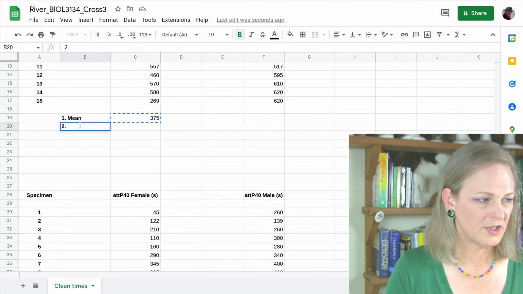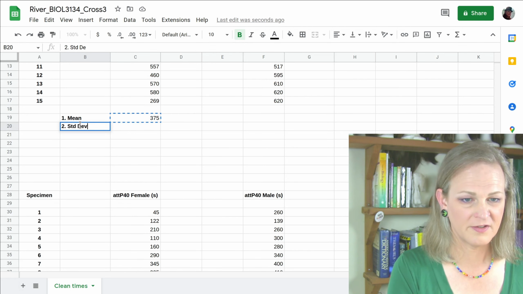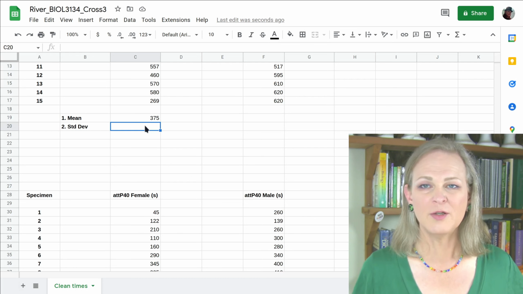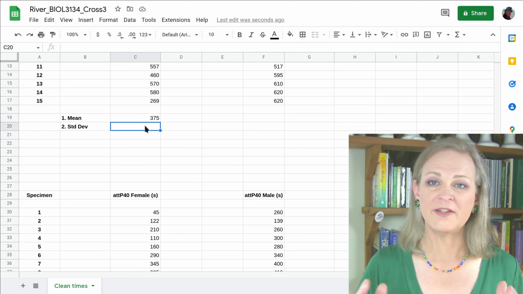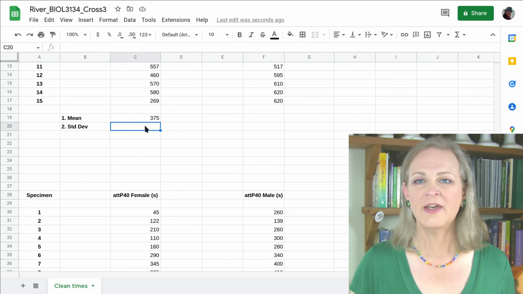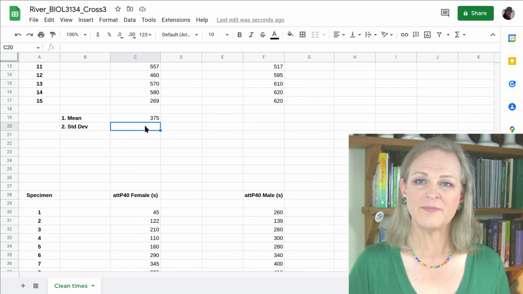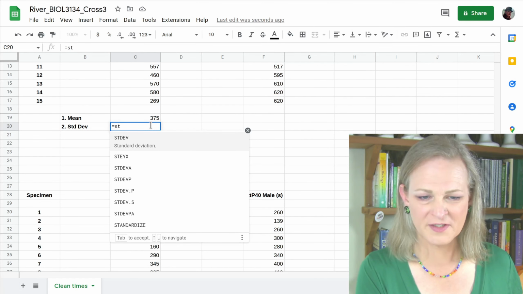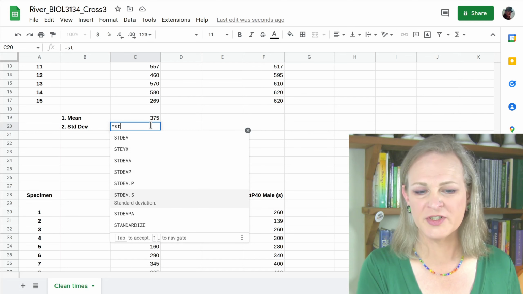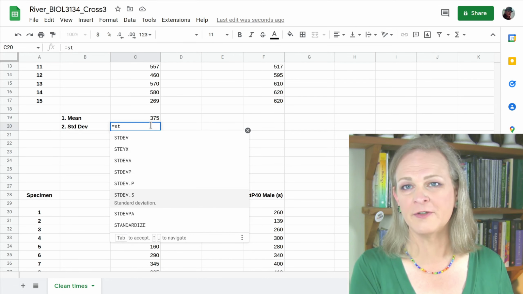Step 2, we'll calculate the standard deviation. Not that we need the standard deviation elsewhere in this calculation, but it's nice to see. It gives us some idea of what the variance looks like, what that distribution looks like, and we might also want to include that in our results. We'll take a bit of a shortcut and use the standard deviation function built into the spreadsheet, but we'll use the .s version, specifically for a sample.